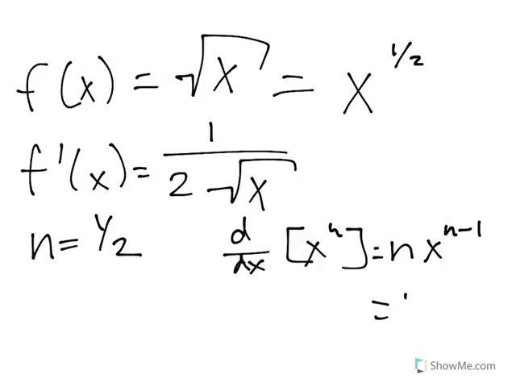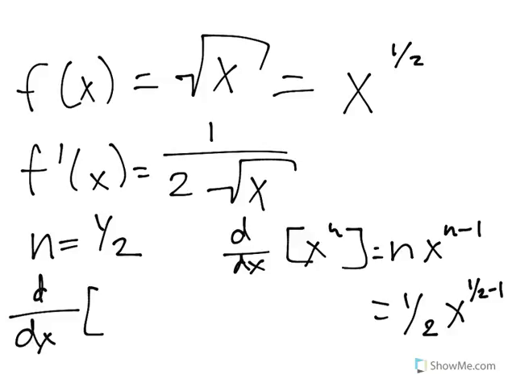So we have 1/2, because we brought the exponent down, times x to the 1/2 minus 1. 1/2 minus 1 is just negative 1/2. So the derivative of square root of x is just 1/2 x to the negative 1/2.